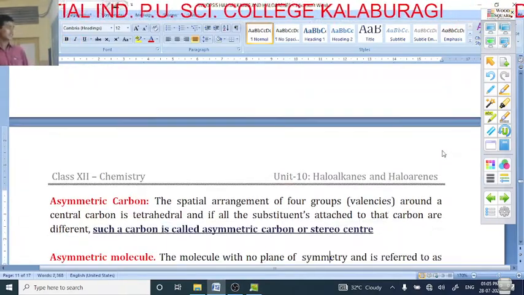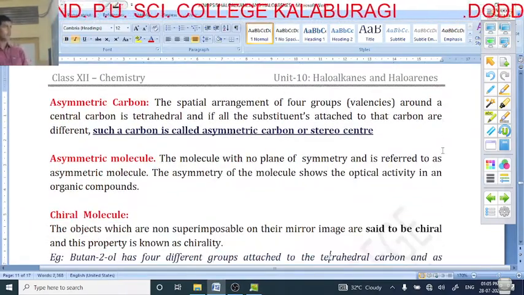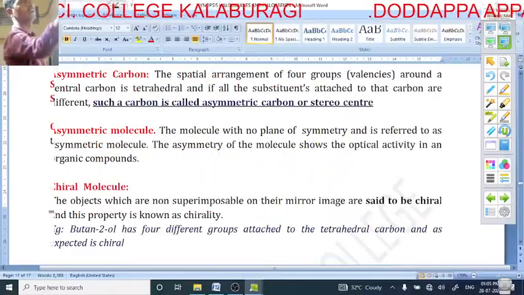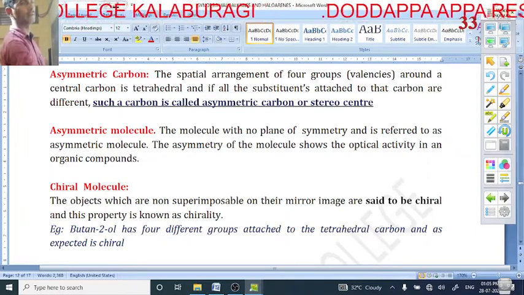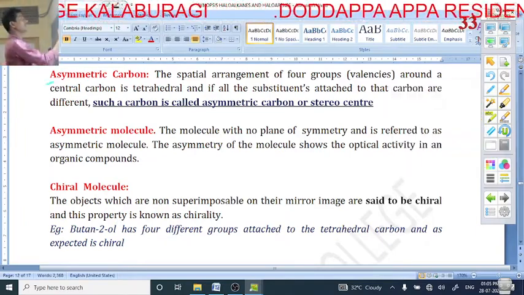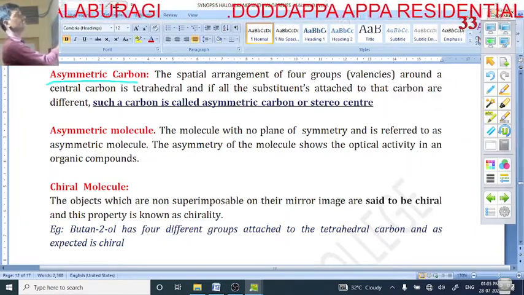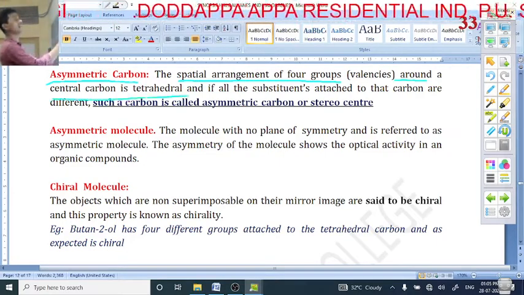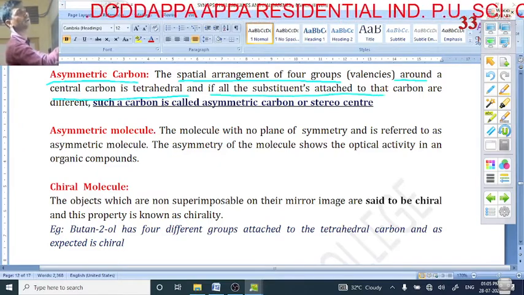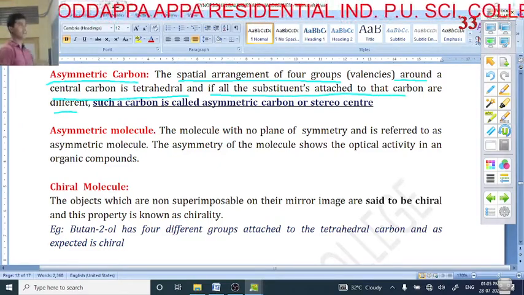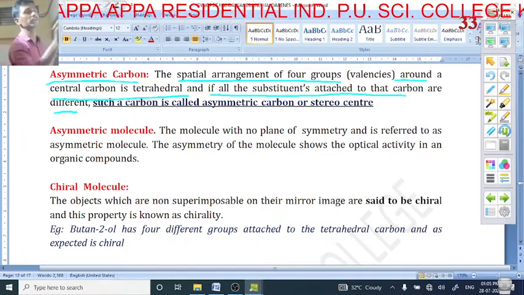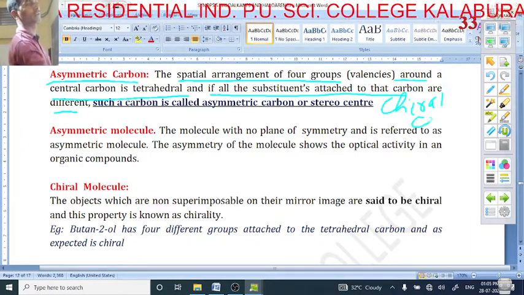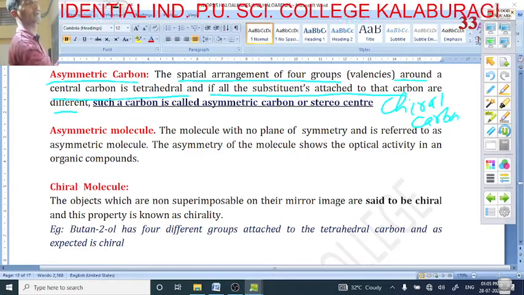Next is the asymmetric carbon, which is very important. What is an asymmetric carbon? The spatial arrangement of four groups around a central carbon is a tetrahedron. If all the substituents attached to the carbon atom are different, such a carbon is called an asymmetric carbon, or a chiral carbon. Why is it called chiral?